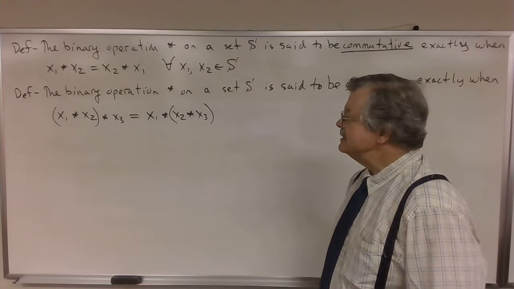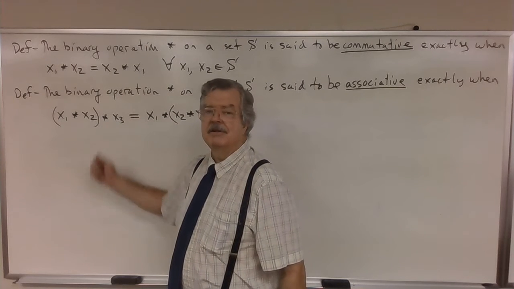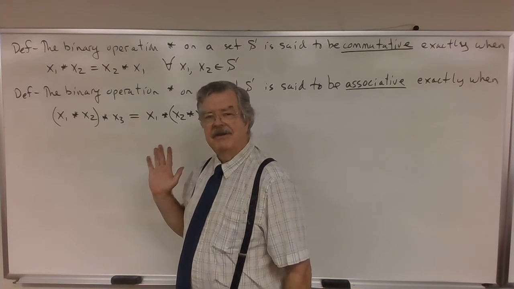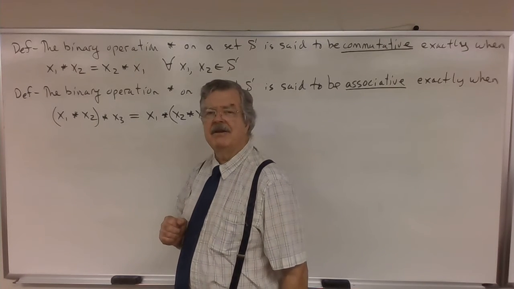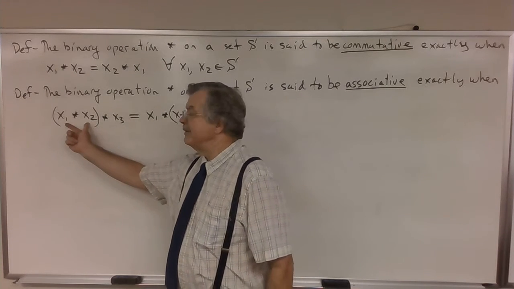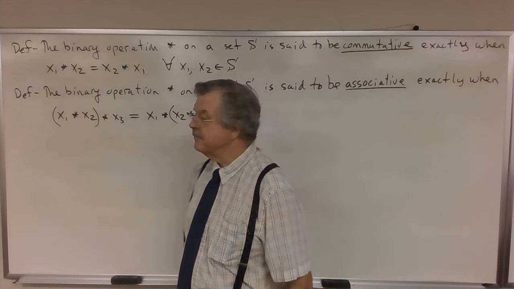I apologize. But the point is, if we have 3 or more elements, we generally have to use parentheses to dictate which pair of elements are operated on first by the binary operation.